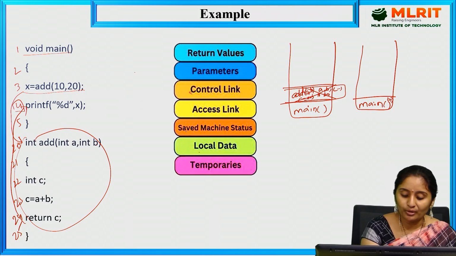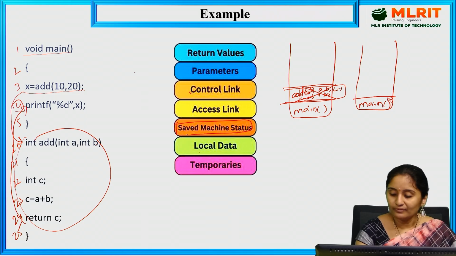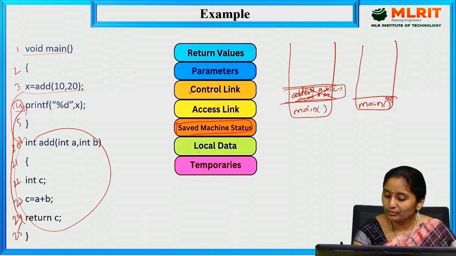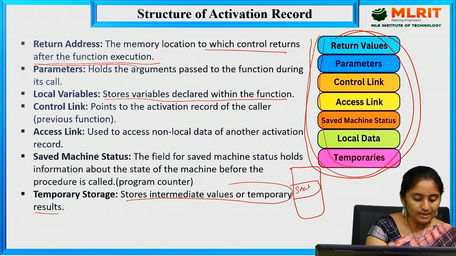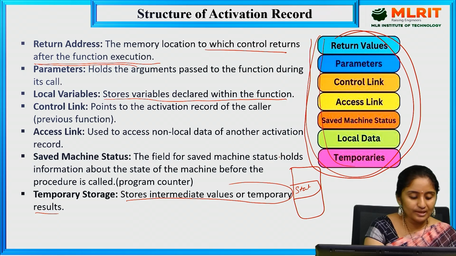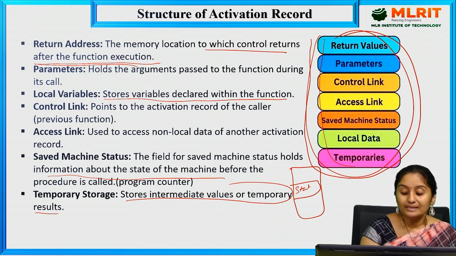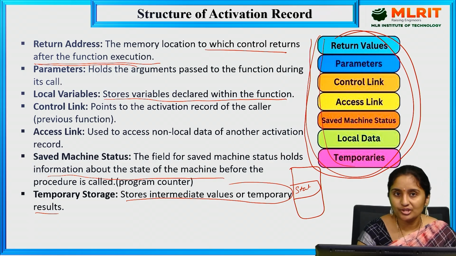So we are going to save the machine status. After executing this definition, the next statement to execute is line number 4. That is the saved machine status. The field for saved machine status holds information about the state of the machine before the procedure is called.